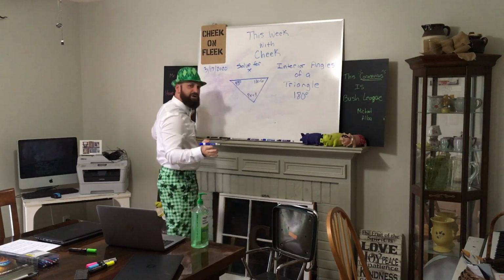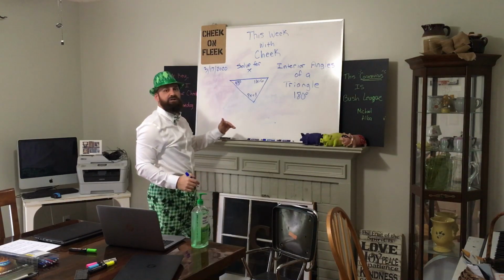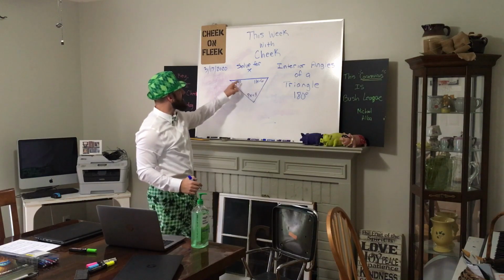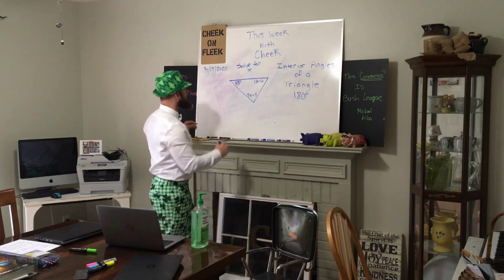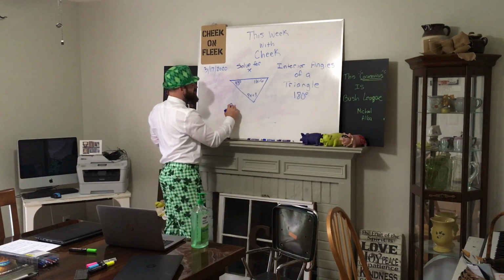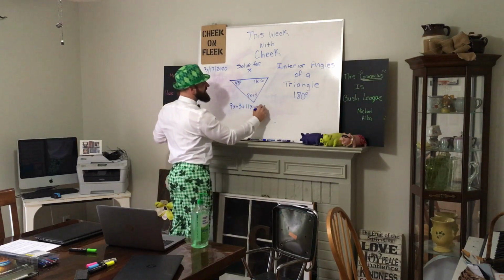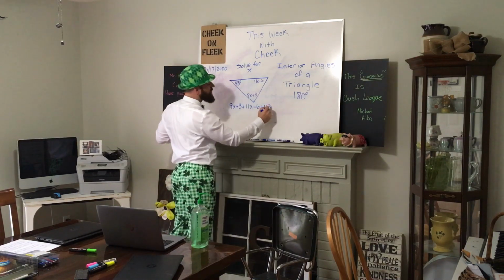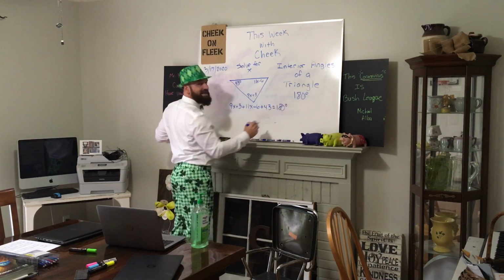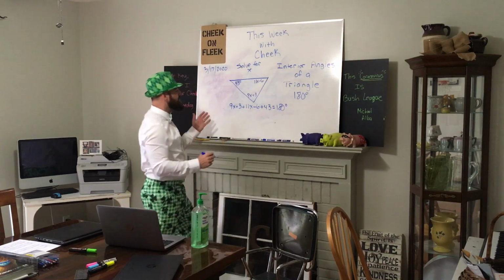So again, we have to remember there's 180 degrees when we add up the interior angles of a triangle. So I'm going to take 9x plus 3 plus 11x minus 6, add 43, and that should equal 180 degrees. Now we've got a multi-step equation.